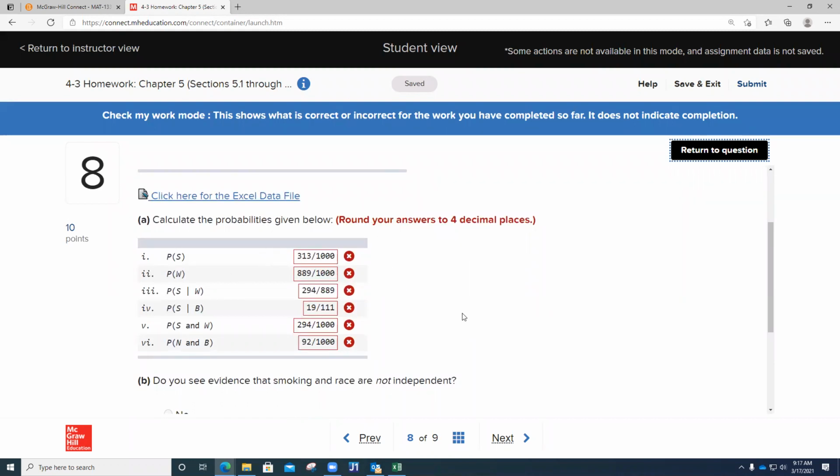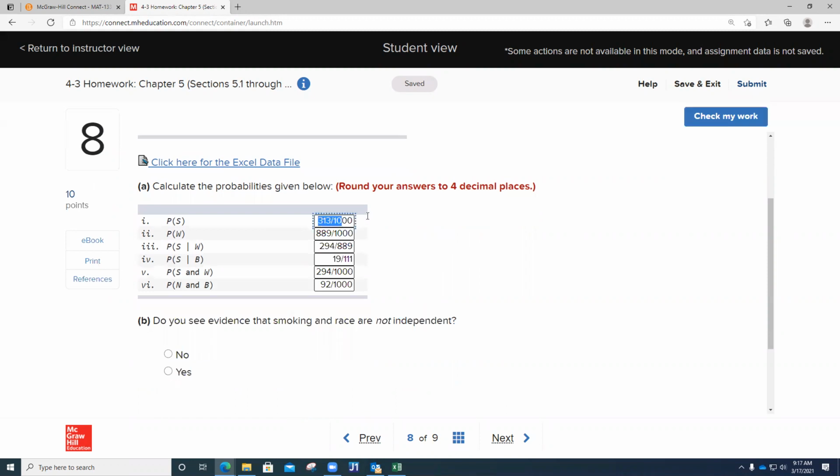But just to show that I am correct, 313 over 1,000 should just be 0.313. So just to show that these are correct, so you understand. So this becomes 0.313 because they're over 1,000, so that does make it a little bit easier. 0.889.